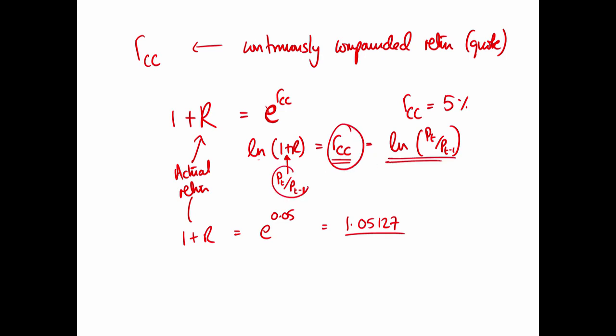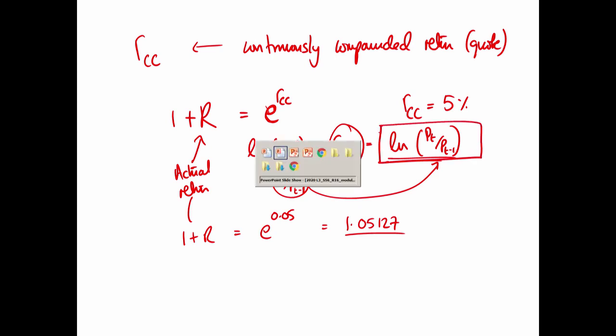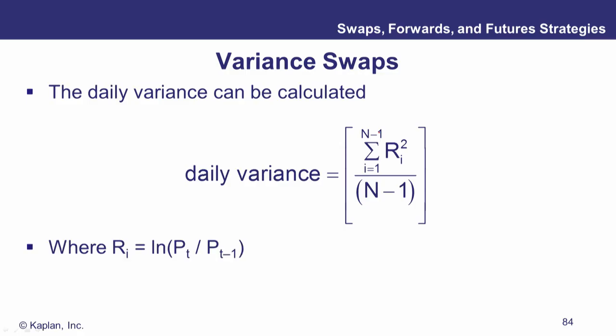Because that 1 plus r is this price relative. And that's what happens here. We're using continuously compounded returns. And that means we're really looking at the logarithm of price relatives. It's very unlikely, I think, in Level 3 you'll be asked to actually do this, but we're looking here at the logarithm of price relatives. This is really just continuously compounded returns.